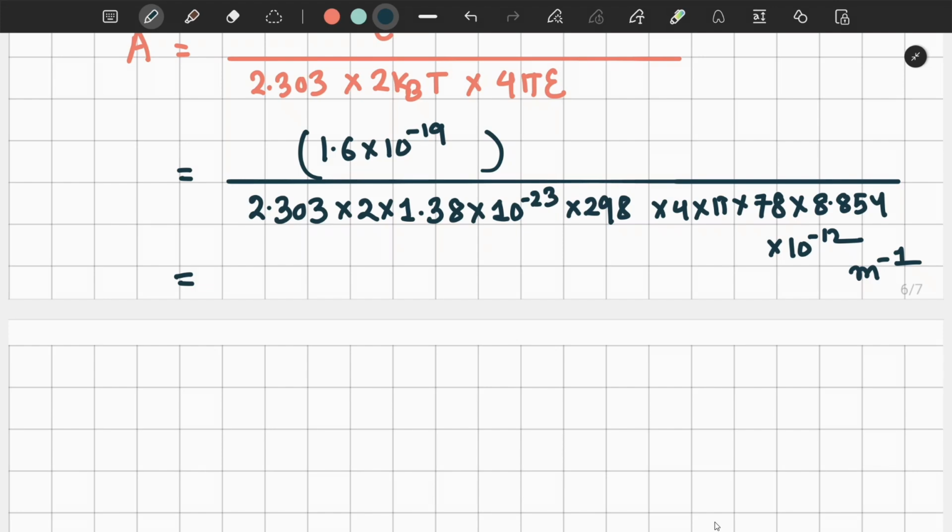Meter inverse, but upstairs it will be meter. Yes. Just calculate the numerical value. Just check whether it is matching or not.